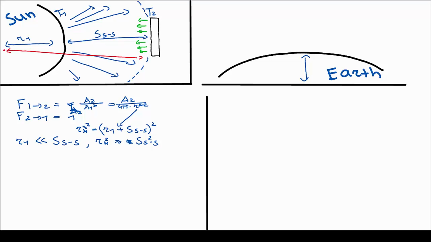So now we got our visibility factors. Now we just have to set up an internal energy balance and see that it is equal to the incoming radiation, and this f1 to 2 net. And we also have said that this satellite was isolated.